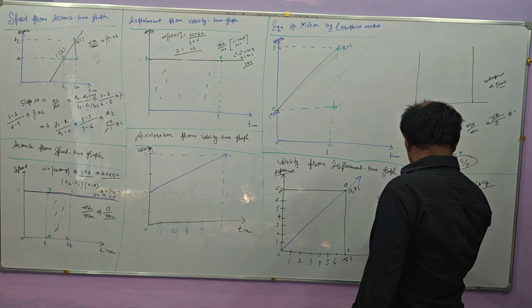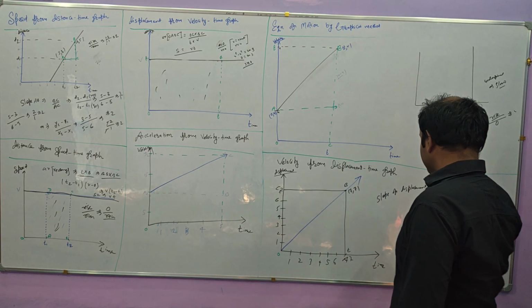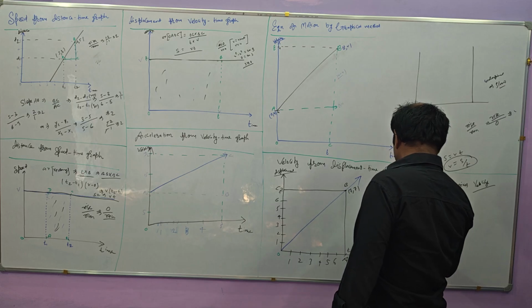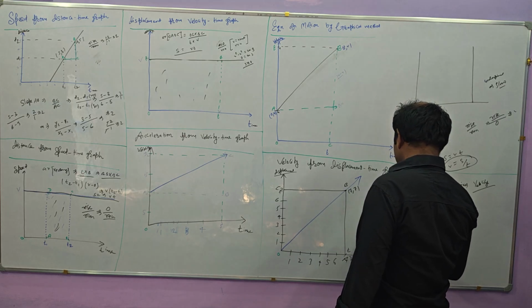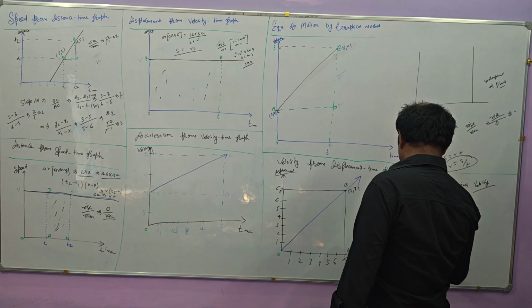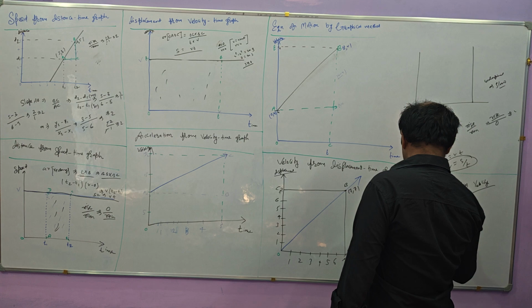When we consider 2 points, we have 7 minus 0 upon 7 minus 0, that is 7 upon 7, that is 1.